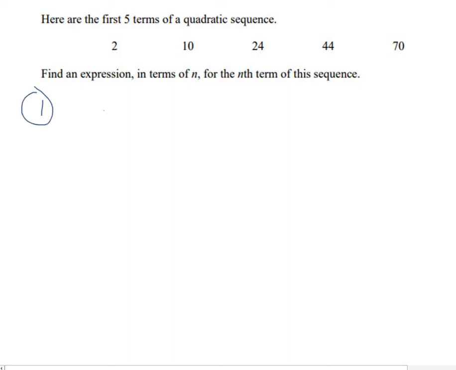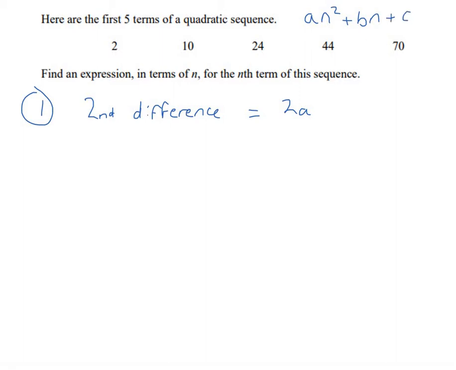Okay, question 2, and this time we are going to need the formulas, so I'll quickly write them down. The first one says that the second difference, and I'll explain what we mean by the second difference in a moment, is equal to 2a. So I'll just say we're trying to find an expression of the form an squared plus bn plus c, where a, b and c are constants.